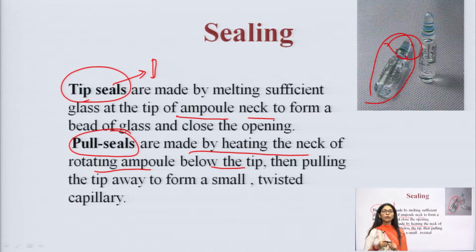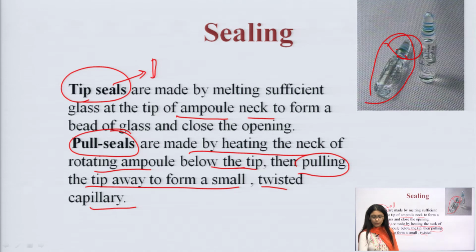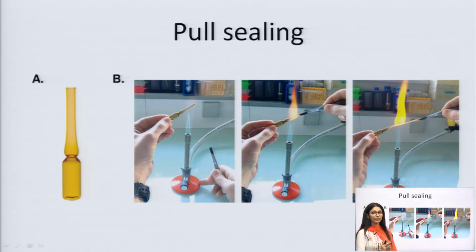What are we going to do? We provide the heat to the particular ampule and then pull. That is why the name is pull seal. We are pulling the tip away to form a small twisted capillary. This is how the process takes place.